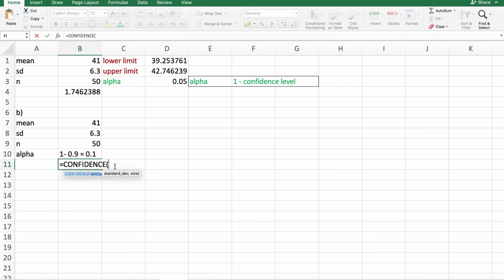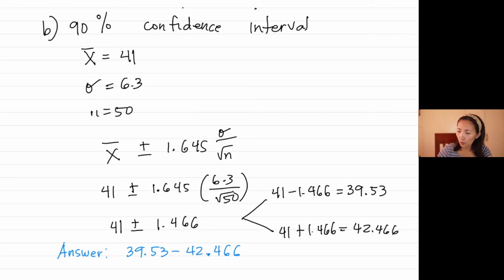Alpha is equal to 0.1, comma, standard deviation is 6.3, comma, and the size is 50. And close it in a pair of parentheses. Okay, let's compare to what we obtained in letter B in our solution a while ago. 1.466. Okay, that's it. So let's go back to our Excel sheet.